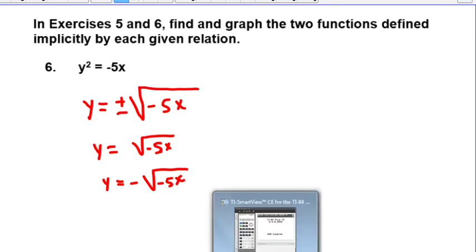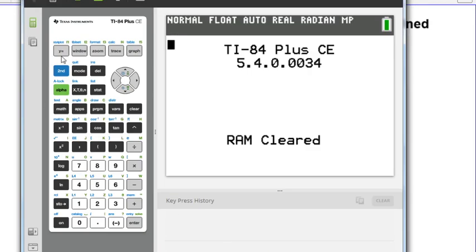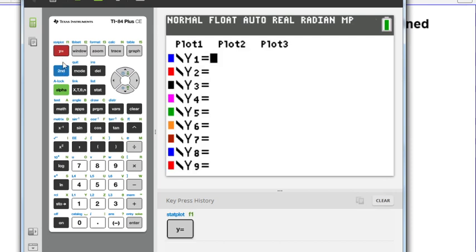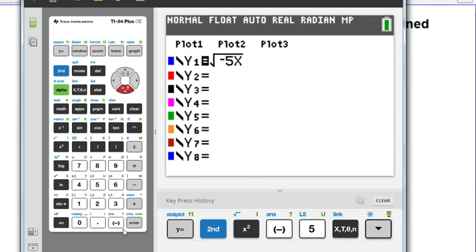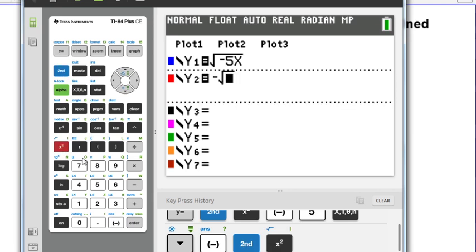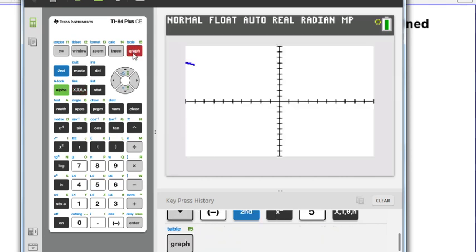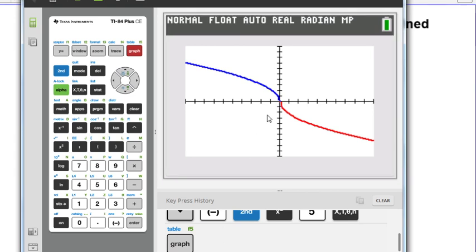Good question, Will. Okay, so now we can take the calculator, and we have the square root of negative 5x, then we have negative square root of negative 5x, and we graph this, and that is not what it looks like, because it turns that thing positive. Should be like this.